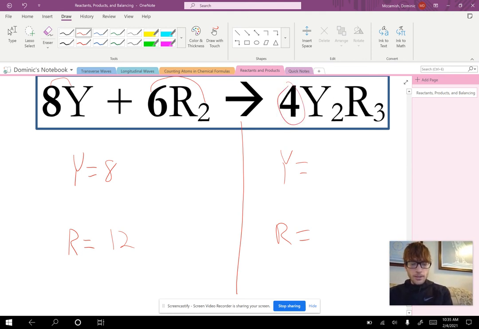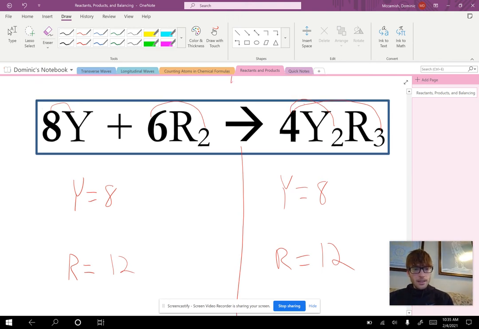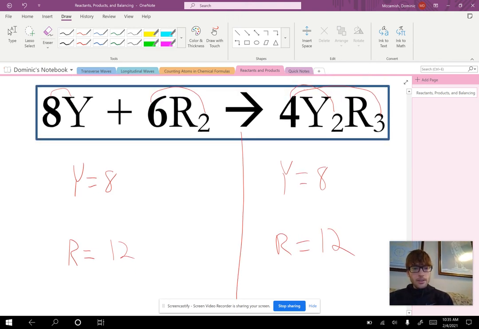This coefficient is going to apply to the entire thing because there's no plus sign, right? This is all one thing. There's no plus sign separating. So 4 times 2Y is 8. And 4 times 3R is 12. So this one is balanced. Yay! This one is a balanced chemical equation.